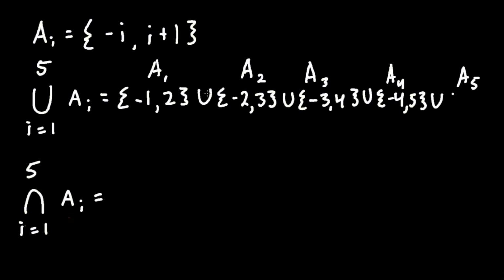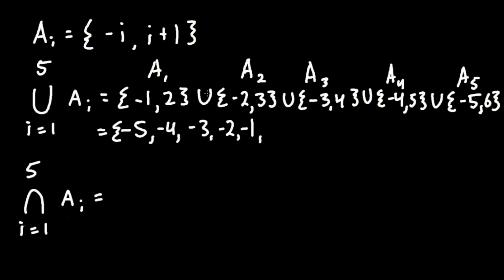We're going up to 5 only, so we have no other sets in this sequence. So we have negative 5 and 6. Once we get this, we just need to take the union of all of these. I'll start with the smallest number: negative 5, negative 4, negative 3, negative 2, and negative 1.